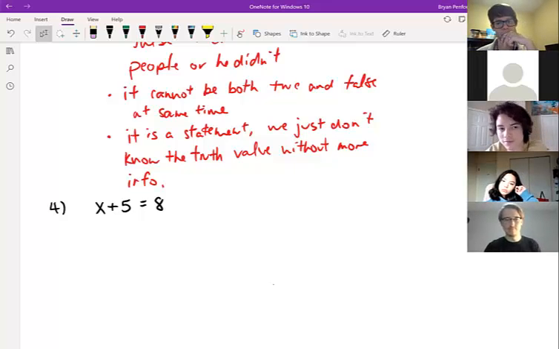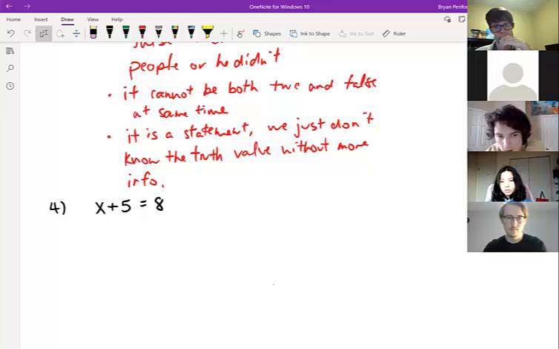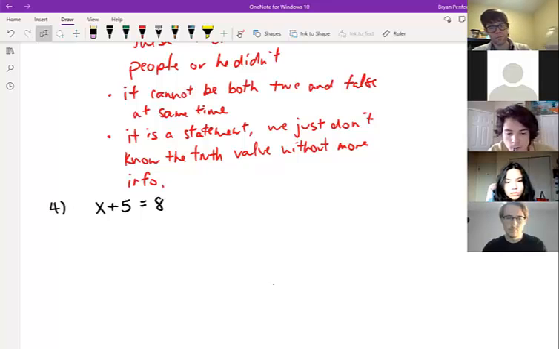Hot damn. Tell me what you know about this sentence. Can you tell me anything about this sentence? For example, what might X be?